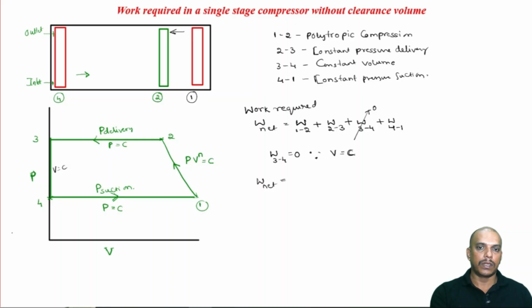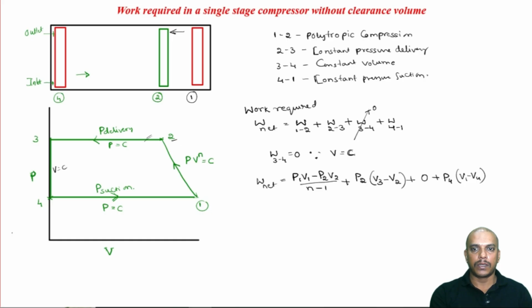Let us write this equation again. W net is equal to, what is W1 to 2? P1 V1 minus P2 V2, that is P initial V initial minus P final V final, divided by n minus 1, plus the work 2 to 3, which is P2 into V final minus V initial, that is V3 minus V2, plus 0, plus work 4 to 1, which is P4 into V1 minus V4.